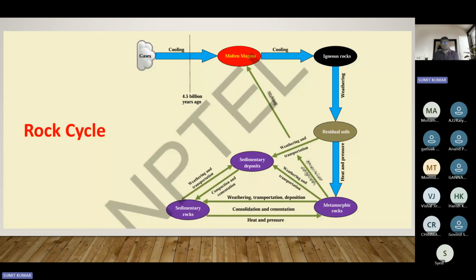Over here you see the rock cycle. So this rock cycle is visible over here. You see that first of all the gases are there. Basically 4.5 billion years ago the gases are there in the earth.